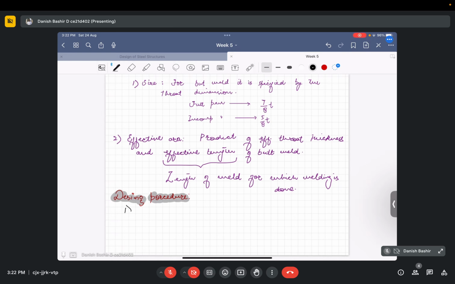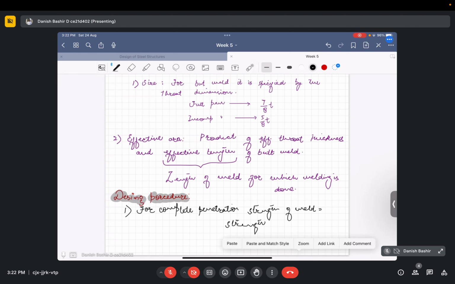So the first point is, for complete penetration, the strength of weld is equal to the strength of member connected.